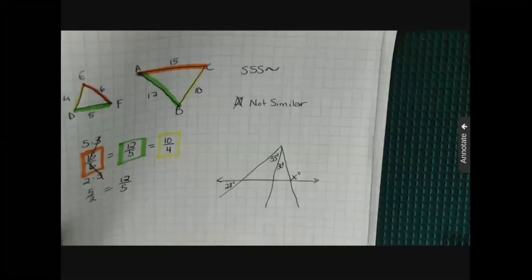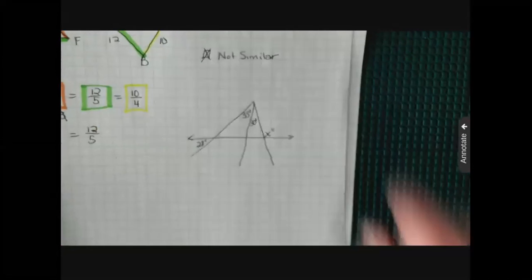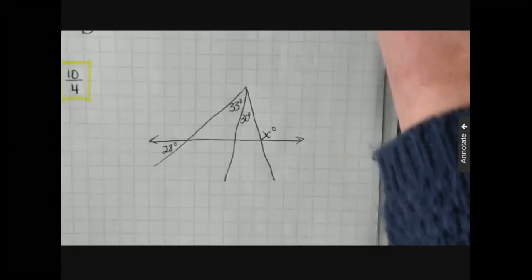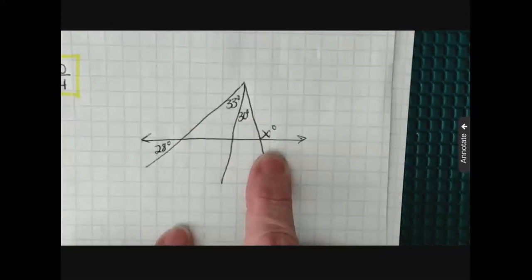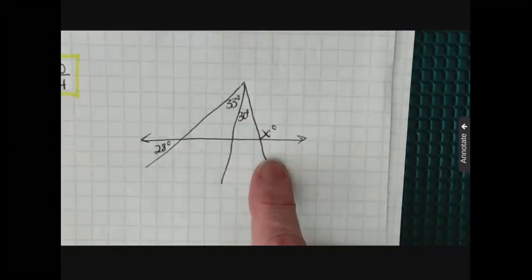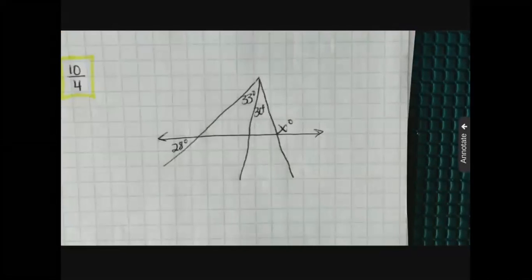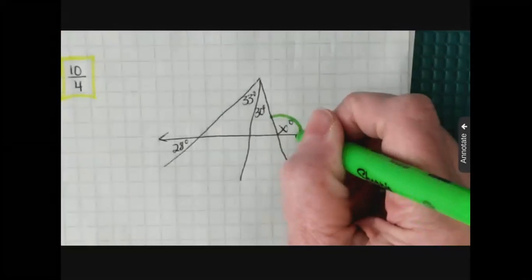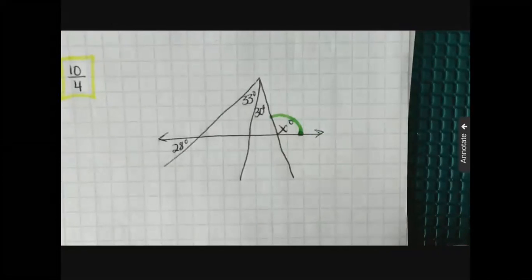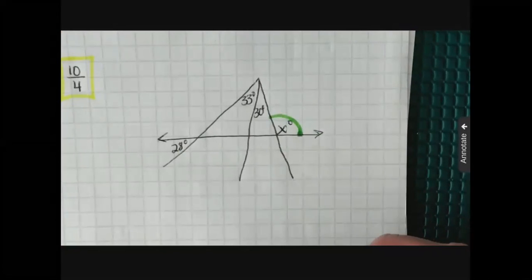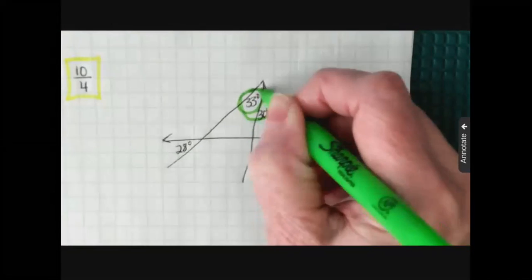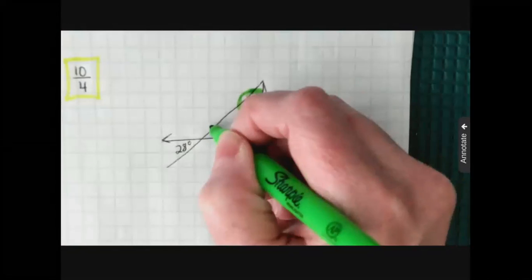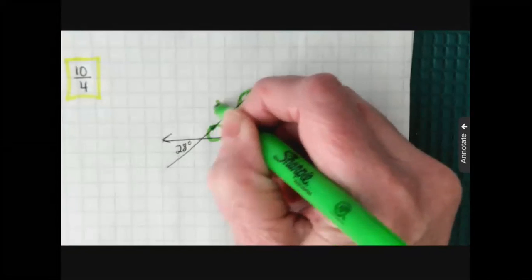So I am ready. We're looking at this one. And the student's asking, how do I find x? Okay, so remember the exterior angle theorem. If you have this outside angle, it is equal to this angle. Well, actually, it's the whole thing because it's the whole triangle, and this angle added together.